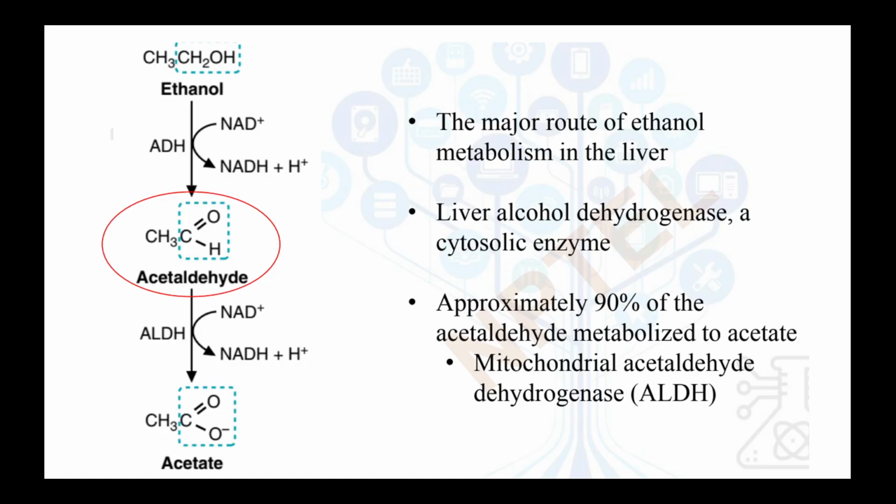So basically, ethanol is converted into acetaldehyde, and then acetaldehyde goes into the mitochondria, where acetaldehyde dehydrogenase converts it into acetate, and this acetate can then be converted into acetyl coenzyme A, which can enter the TCA cycle, or go into fatty acid synthesis depending on its fate.